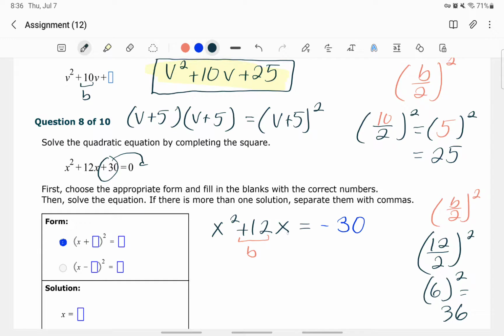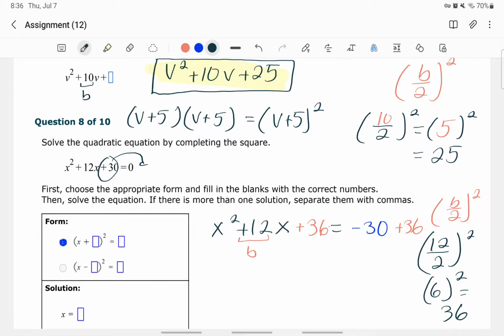Now what I'm going to do is put a space right here. So equals, put my negative 30 back over here. Now that we have our 36, we're going to add a 36 right here. But whatever you do to one side of an equation, you must do to the other side. So add a 36 on the right side.